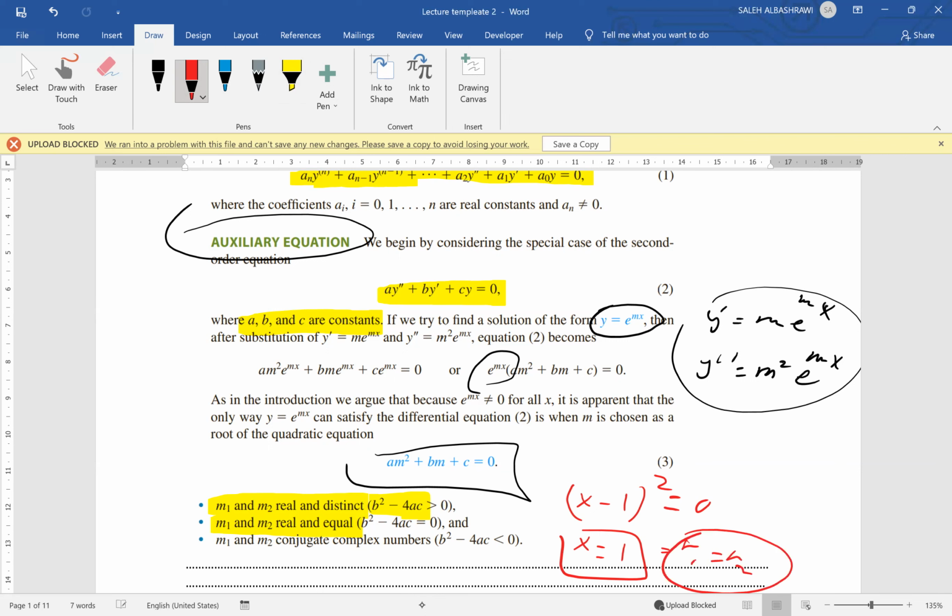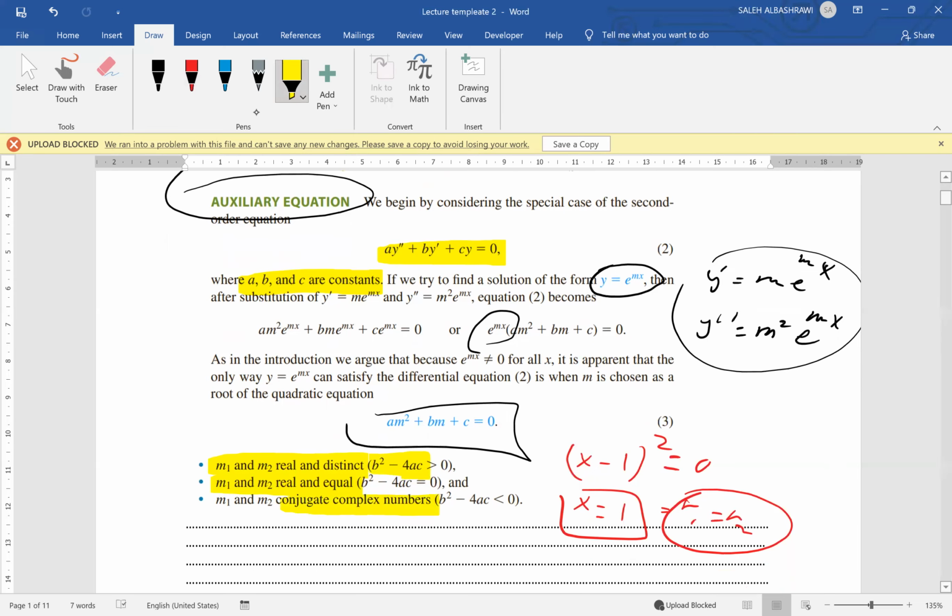The two roots will be the same; they are not different. For the third case, if the discriminant is less than 0, then we are going to have two conjugate complex numbers. This will be the solution for the auxiliary equation, or for the quadratic equation.